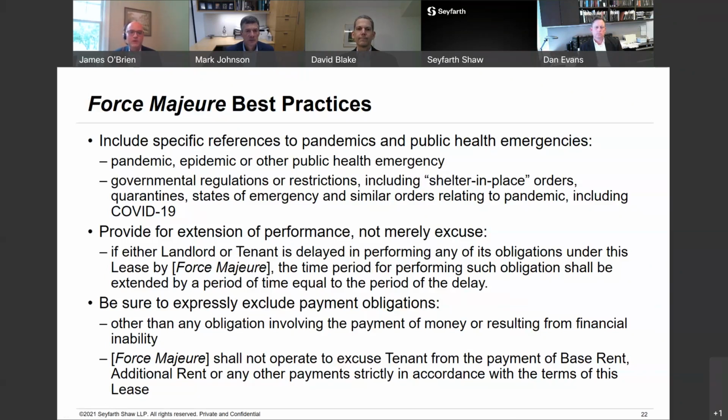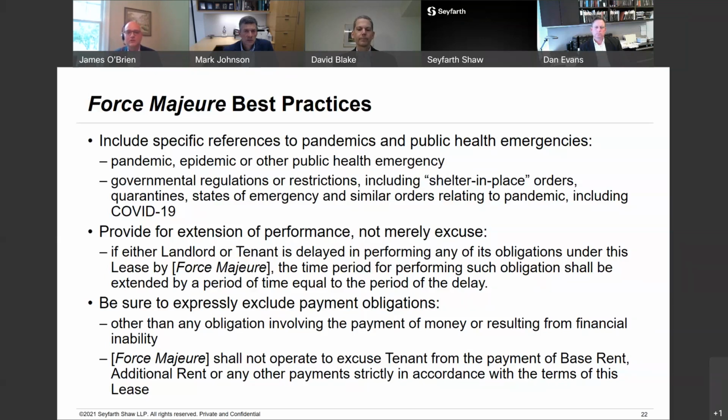And another best practice is definitely to provide for an extension of performance and not merely excuse. It can render confusion in interpreting the contract. I mean, say if you're a landlord, you have to deliver space, you've got an estimated delivery date, you've got to get it done, say 120 days after the lease has been signed, and then maybe there's penalties that kick in if you're 30 or 60 or 90 days late.